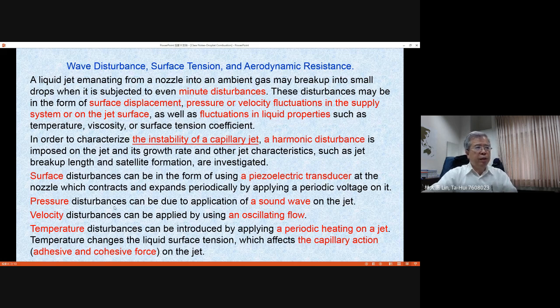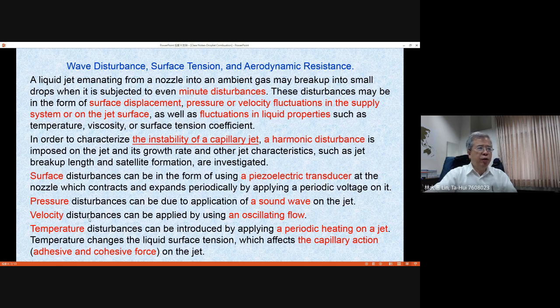Pressure disturbance is another way. For introducing pressure disturbance, you can do the experiment by applying a sound wave. A sound wave represents a pressure wave on the liquid jet. Then you can see the liquid surface will be changed by applying the sound wave.